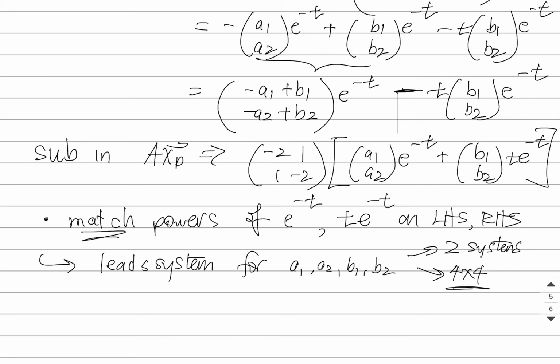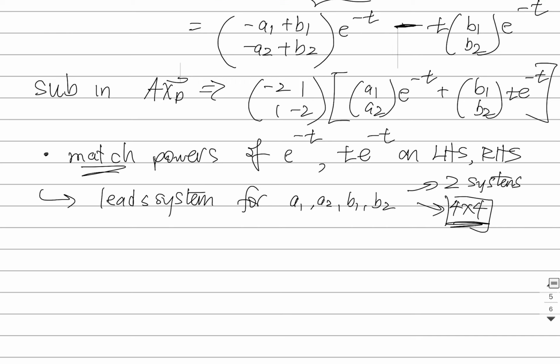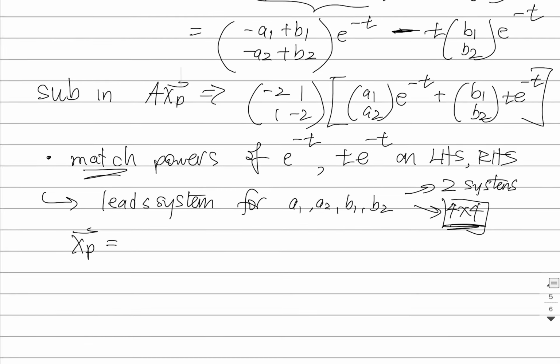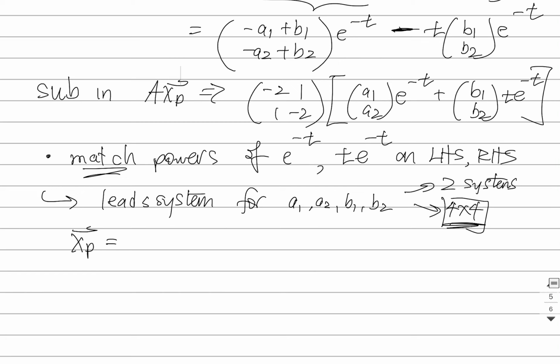Either way, it will certainly work. But in this case, it's probably easiest to go through and solve it as a 4x4 system. And what you're going to get to is a solution here. You can find that xp is going to give you the following. You'll have that A1 is 3 plus A2.